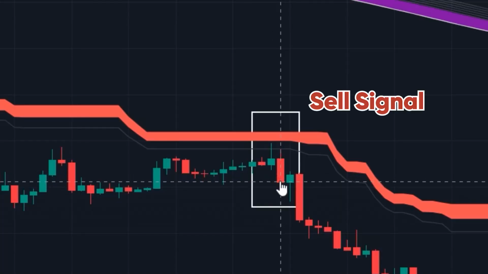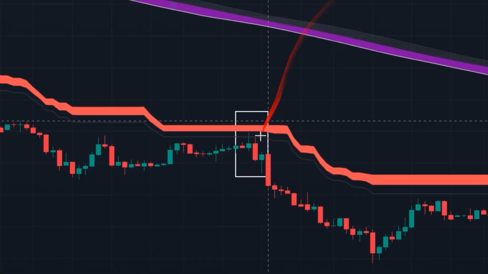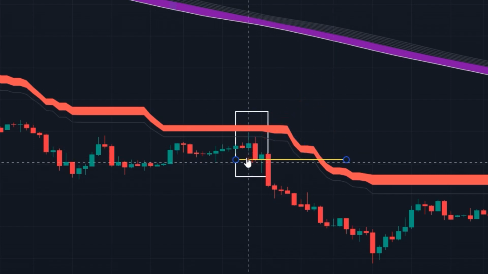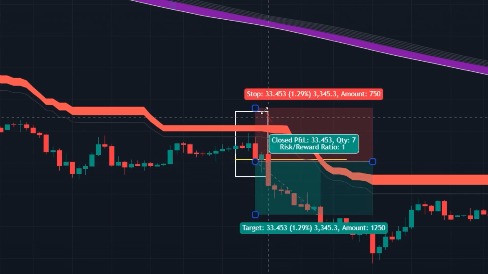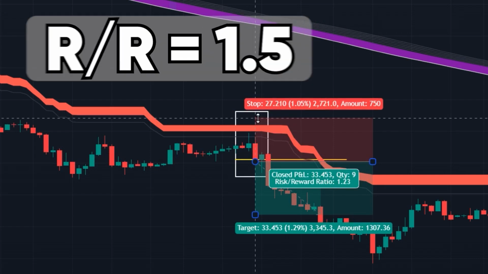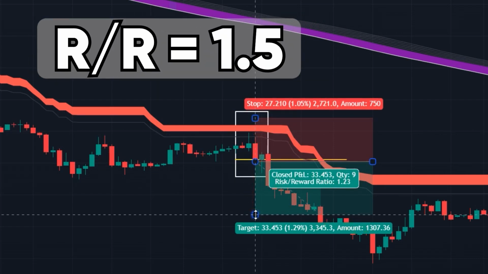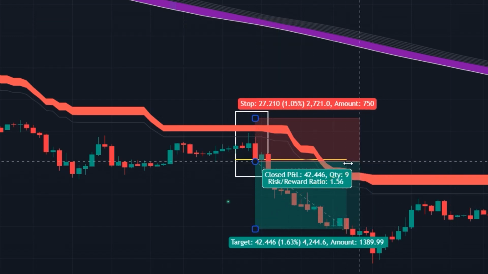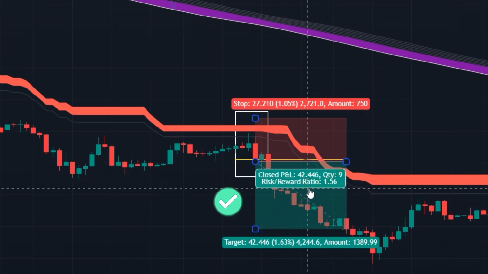Congratulations, this is a sell signal. Now you can confidently enter a sell trade. Set your stop loss a little above the last swing high. For your take profit, just consider a risk to reward ratio of 1 to 1.5. Now wait for the trade to close at a profit.